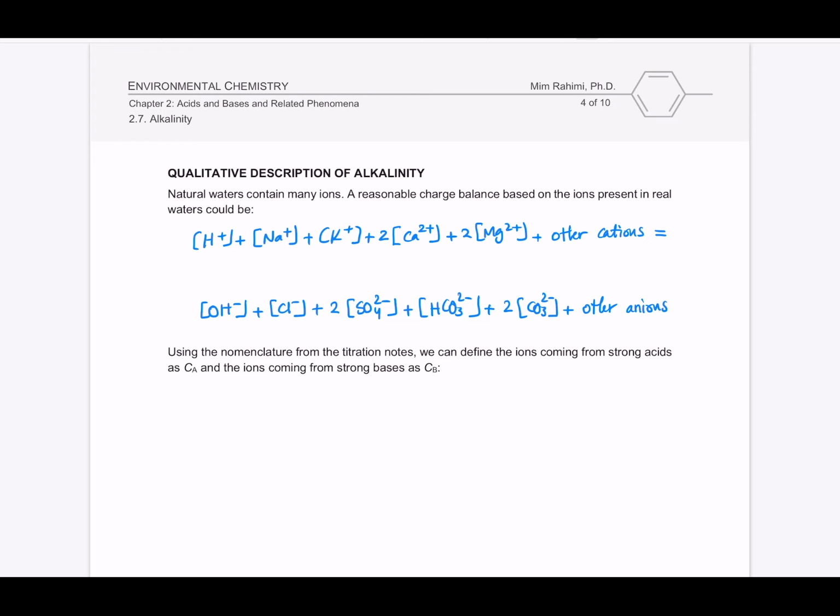So now we want to use the same analogy as we used for titration. So we introduced the Ca and Cb terms. Ca was the amount of acid that we were adding, and Cb was the amount of base we were adding. And if you remember, when we were adding, let's say, sodium hydroxide as a base, that Cb term was equal to the amount of sodium that was in the system at any time.